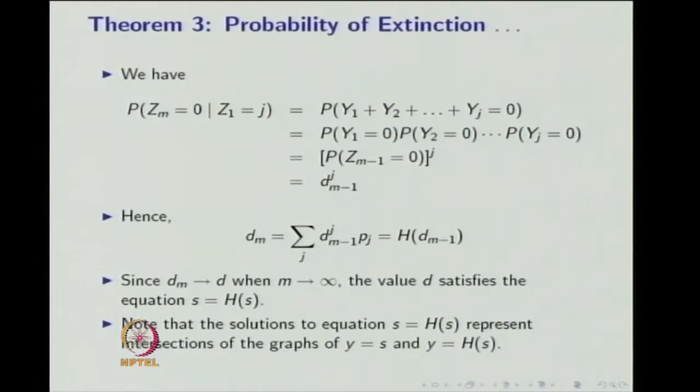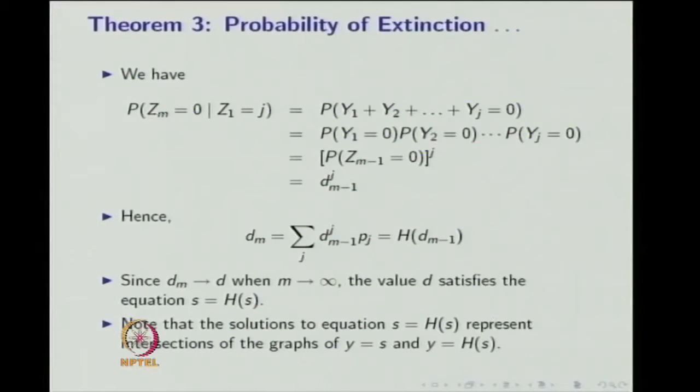We know that probability of Z_m is equal to 0 given Z_1 is equal to j is nothing but probability of Y_1 plus Y_2 and so on Y_j is equal to 0. Since Y's are IID random variables, that is nothing but probability of Y_1 is equal to 0, Y_2 is equal to 0 and so on, probability of Y_j is equal to 0.